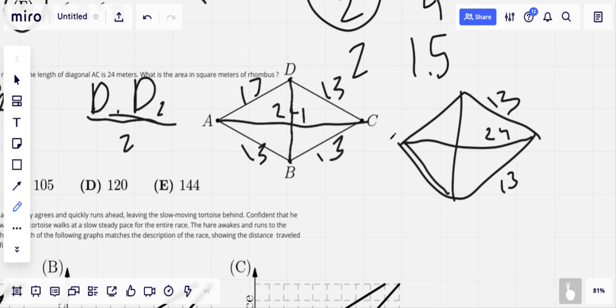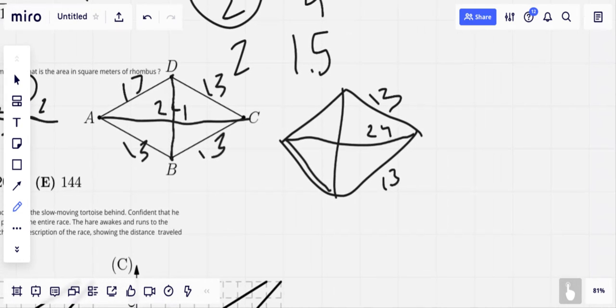We can break this up into a smaller problem, and this is all at right angles. So when you split the diagonal into 2, we would get 12 here and 12 here. So we can form a right angle triangle, which would look like this.